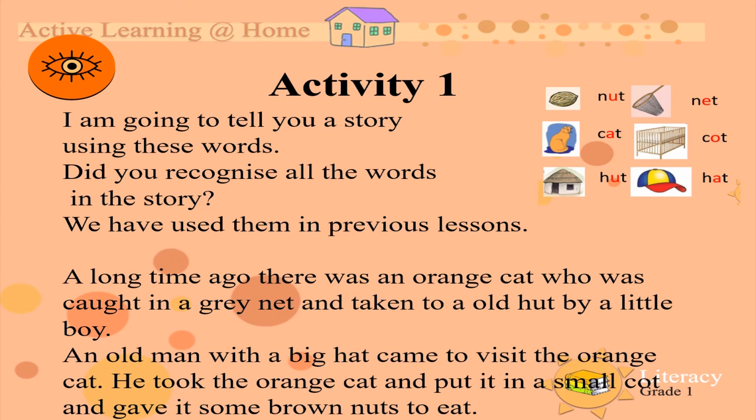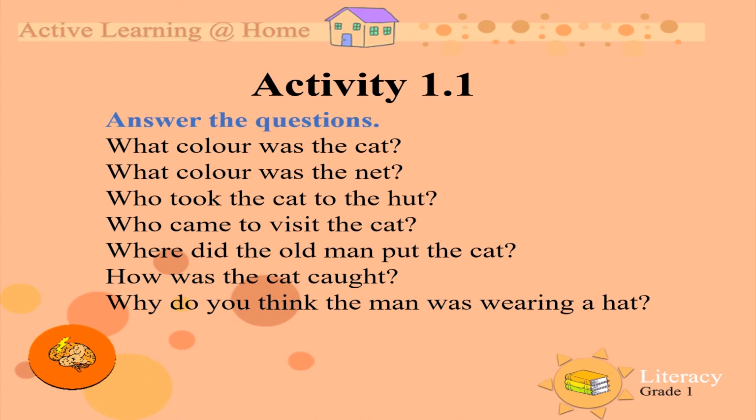Here are the questions. What color was the cat? What color was the net? Who took the cat to the hut? Who came to visit the cat? Where did the old man put the cat?